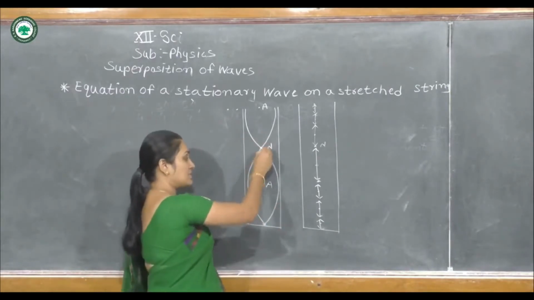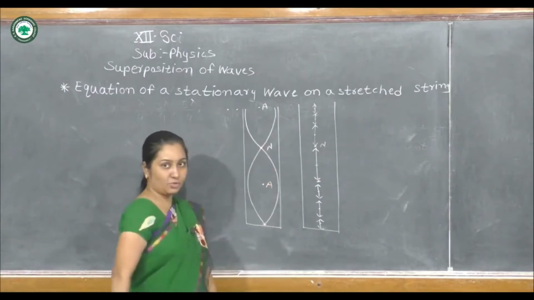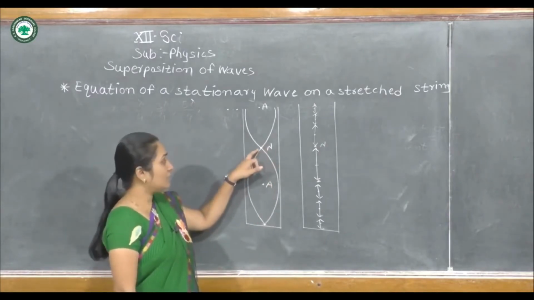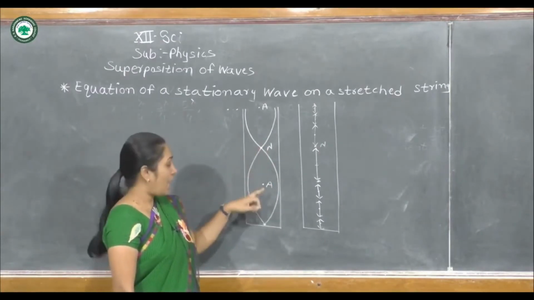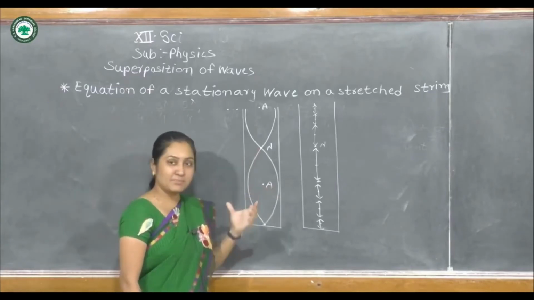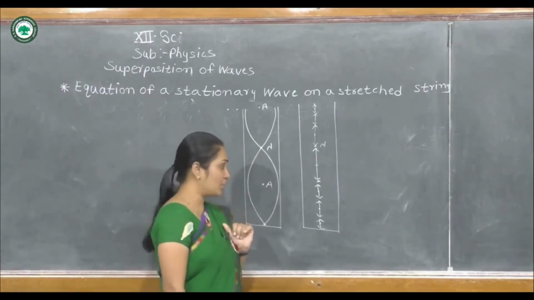So these points are the nodes and antinodes. Nodes have the minimum displacement and antinodes have the maximum displacement or maximum amplitude.